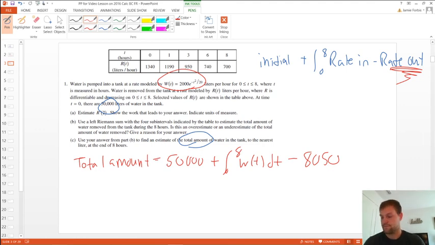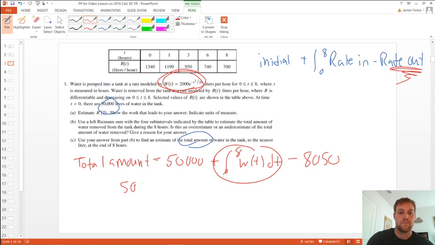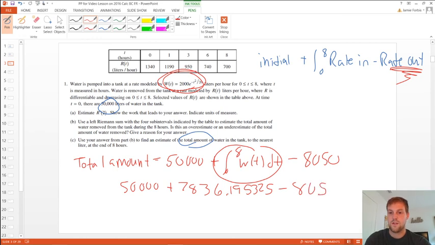And that's it. So you can do this in your calculator, and I went ahead and stored this in my y1. So I just did the integral of 0 to 8 of y1 in my calculator. And it was 50,000 plus that integral, which ended up being 7836.195325, minus 8050.